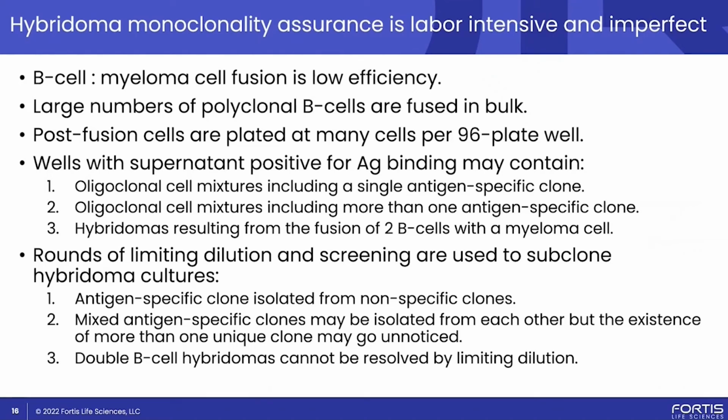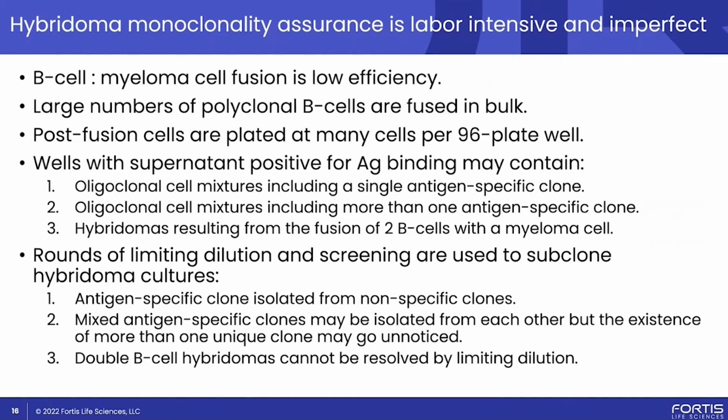So 3 reasons I've listed here are that you could have an oligoclonal cell mixture, which includes a single antigen-specific clone. So in a perfect world, all you would have in there is a single species of hybridoma that is producing antibody against your antigen.